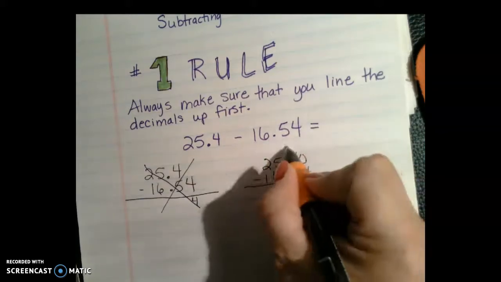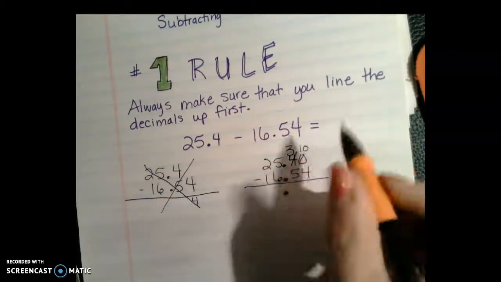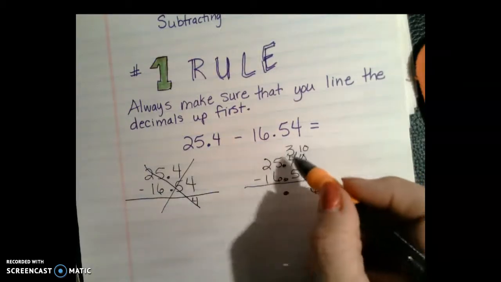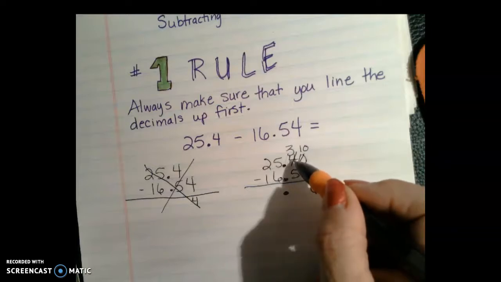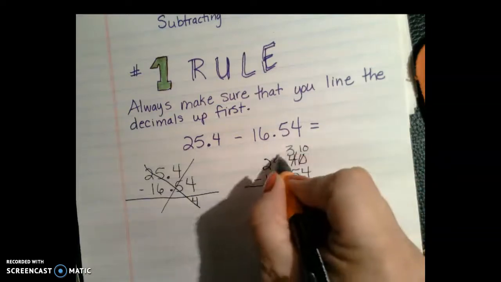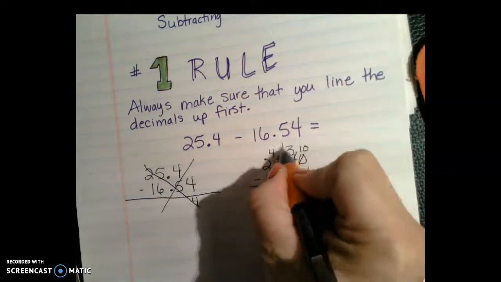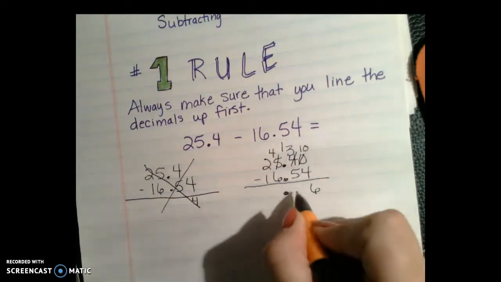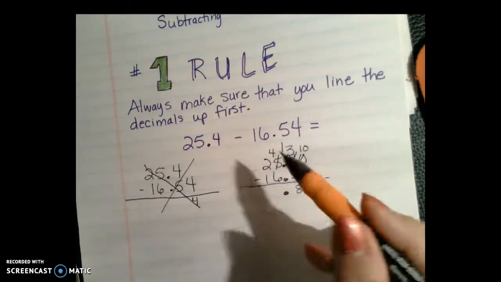So I'm going to come here. Now 10 minus 4 is 6. Once again, I can take 3 away from 5, but I would be doing negative numbers, and we're not doing that. So I'm going to have to regroup. And now if I have 13 and I take away 5, I have 8.